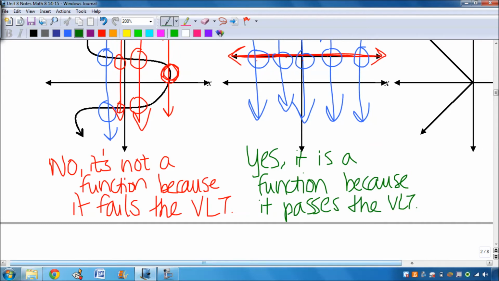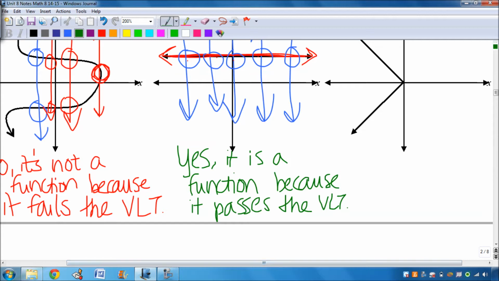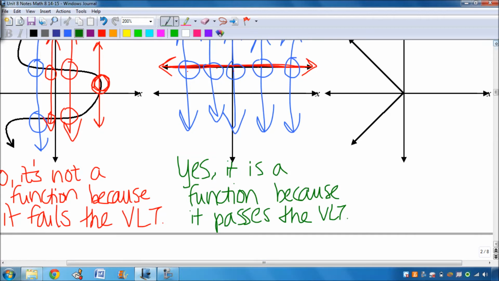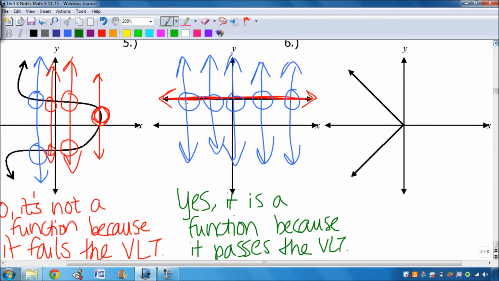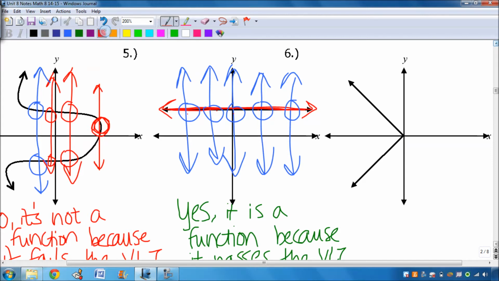All right, let's see how you guys did on question number 6, I believe, is what we're looking at right here. If I look at this, this only crosses through the function at 1 point. However, I have at least one line that will cross through my function more than once, so it automatically is not a function.